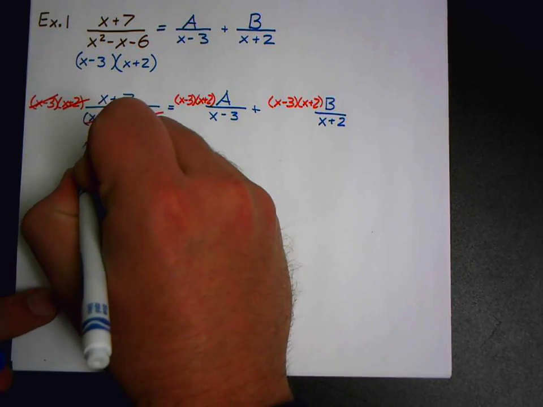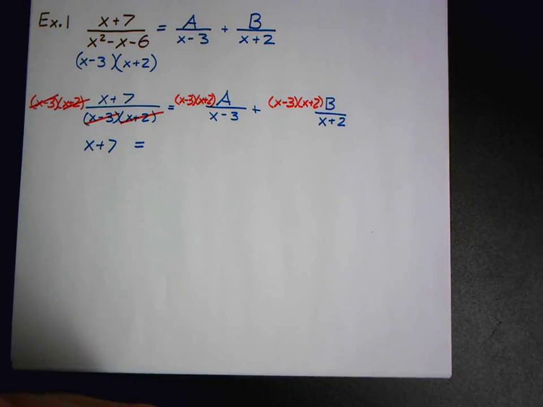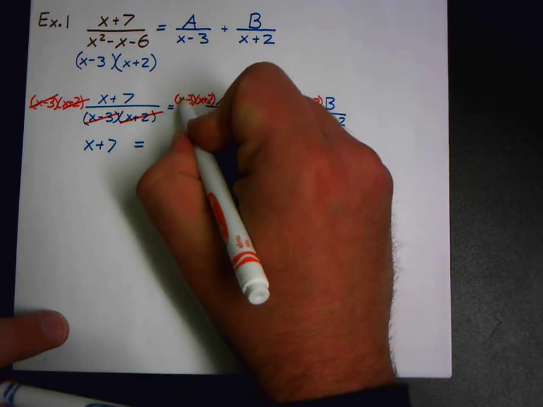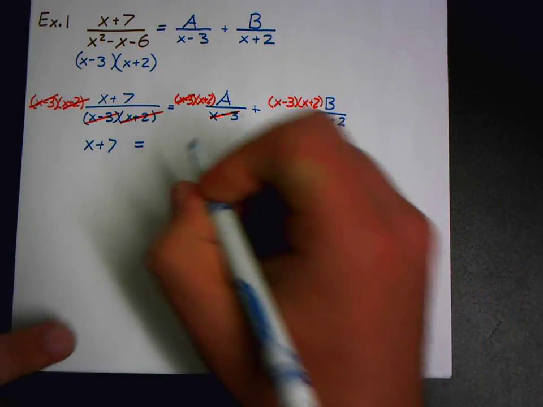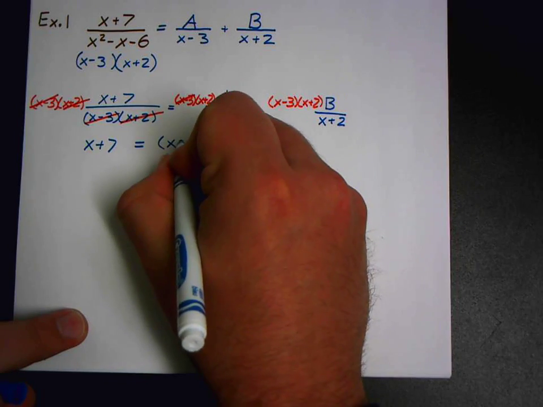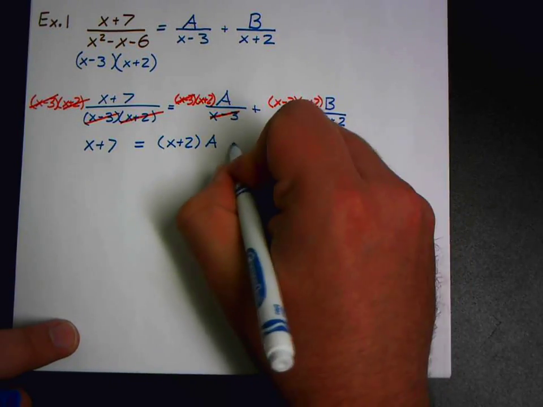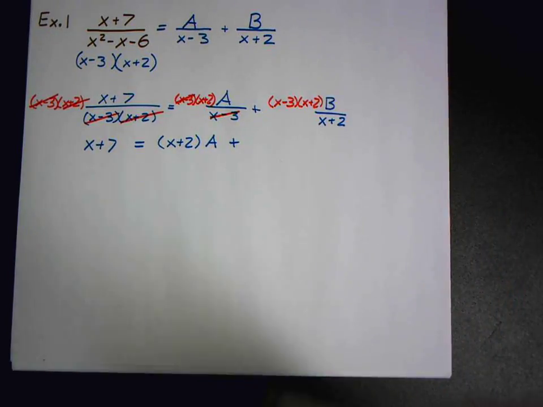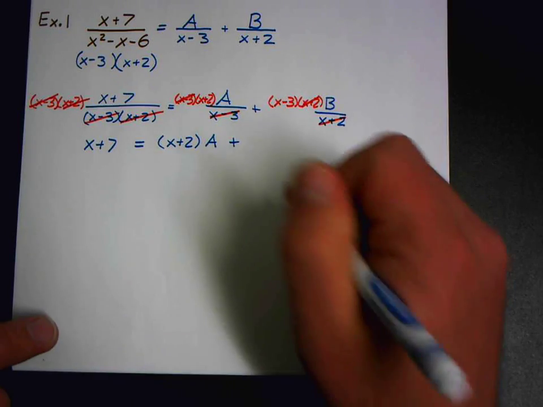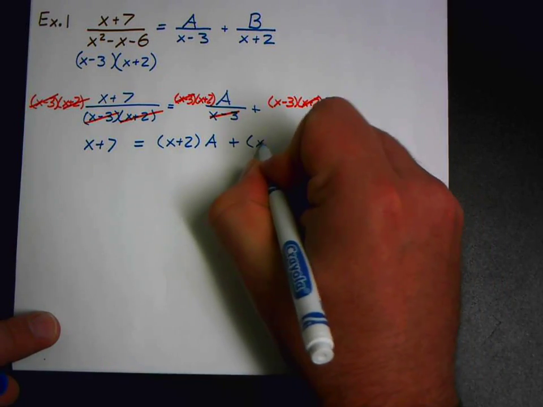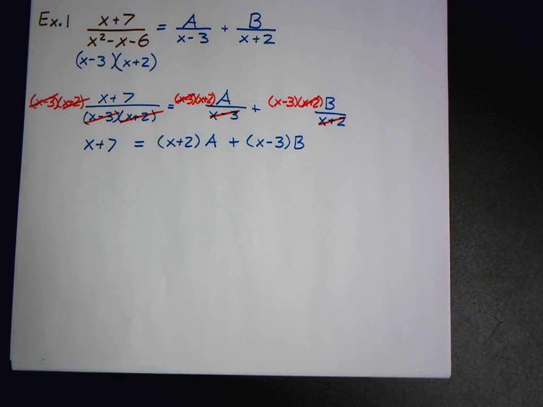So I get x plus 7. Over here, the x minus 3 cancels out. So I get x plus 2 times A. On this one, the x plus 2 cancels out. So I get x minus 3 times B.